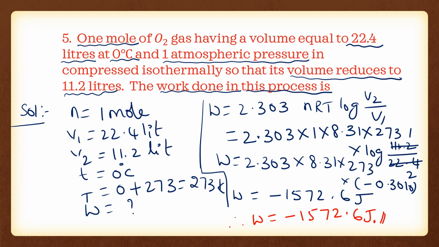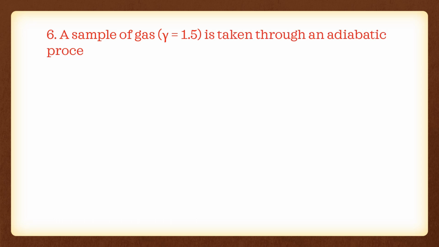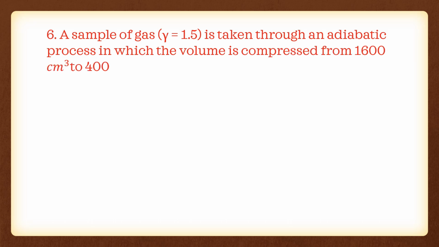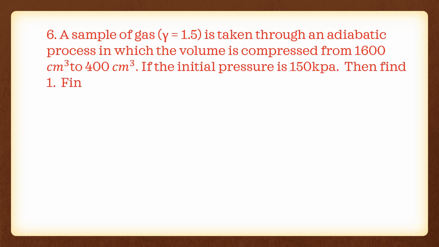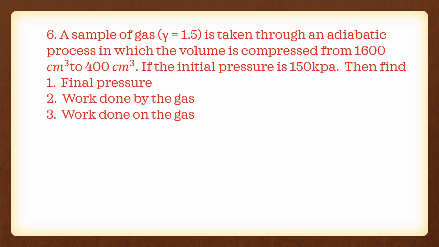Okay, next let us go to the next question. That is the sixth question. A sample of gas, gamma is equal to 1.5, is taken through an adiabatic process in which the volume is compressed from 1600 centimeter cube to 400 centimeter cube. If the initial pressure is 150 kilopascals, kPa means kilopascals, then we have to find the final pressure, work done by the gas and work done on the gas.